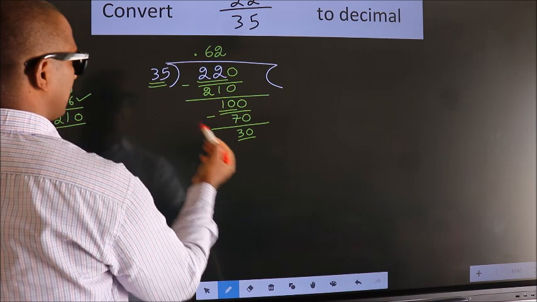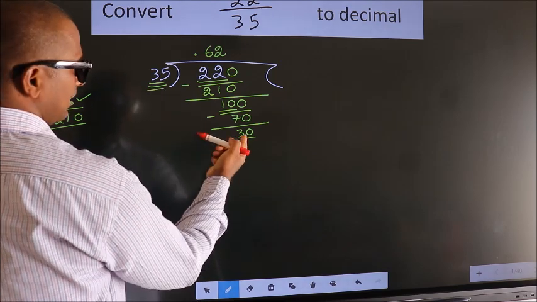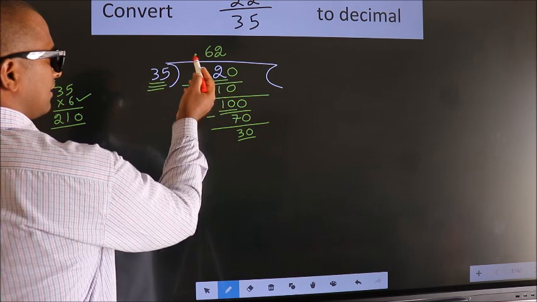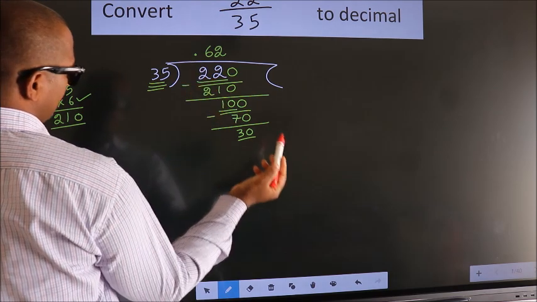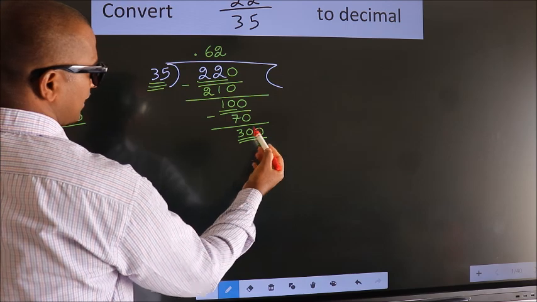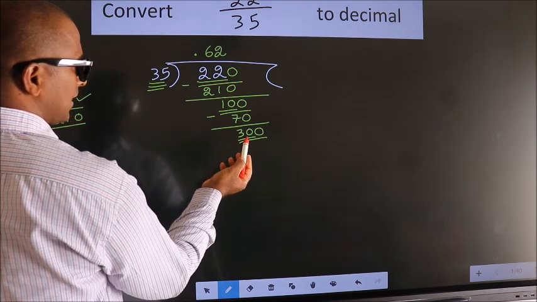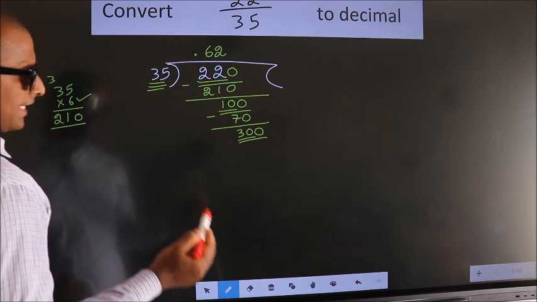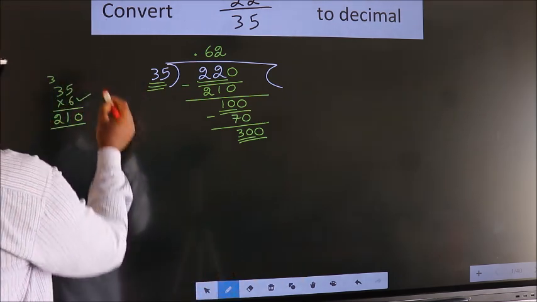Here we have 30, here 35. 30 is smaller than 35, and we already have the decimal, so we can directly take 0. So 300. A number close to 300 in the 35 table is, let us go with 8.